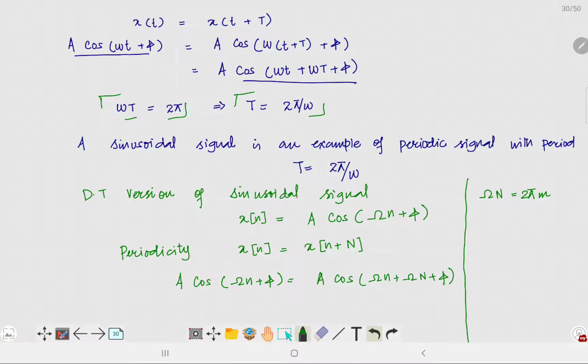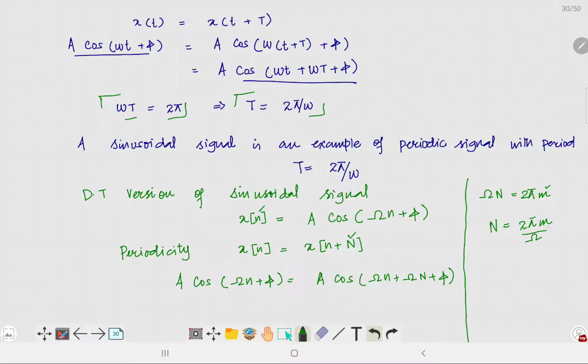Since we're talking about the discrete time case, the fundamental time period has to be a number of samples, an integer value. So to satisfy that, I use this, which means capital N is equivalent to 2 pi m by omega. Here, of course, small n, capital N, and small m have to be integers. So this puts a condition on periodicity.